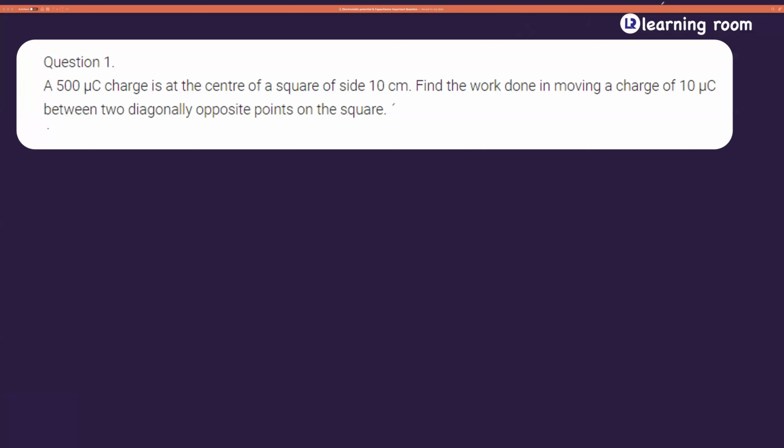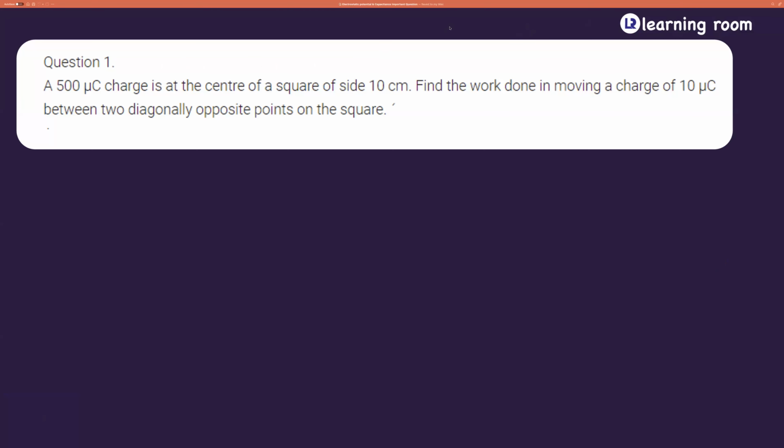The first one says, a 500 microcoulomb charge is at the center of a square of side 10 centimeter. Find the work done in moving a charge of 10 microcoulomb between two diagonally opposite points of a square. So read this question and try to solve.